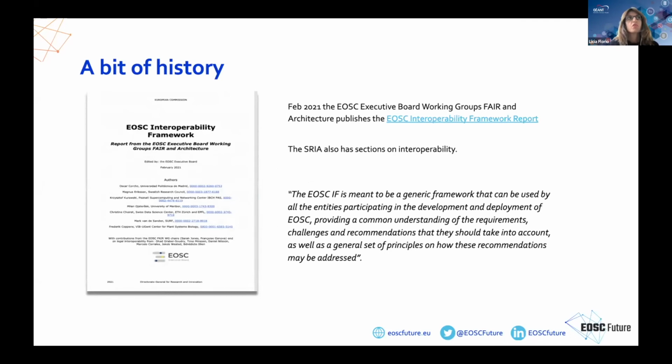That report was trying to capture the complexity of the EOSC as a system of systems or a federated system to allow multidisciplinary science. The report was basically promoting the idea of this generic framework that can be used by all entities that participate in the EOSC, whatever the EOSC will really become at some point in time.